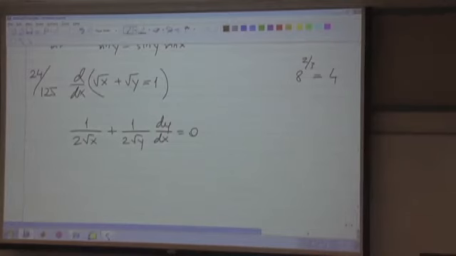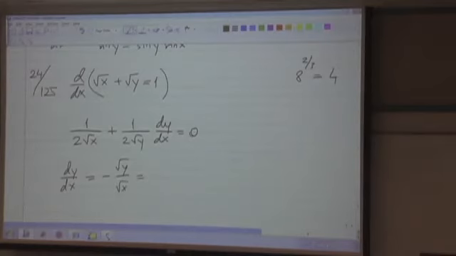Okay, so now from here we have to find the second derivative. And as it turns out, the easiest thing to do is to actually solve for dy over dx and then take the derivative. So dy over dx is going to be just minus square root of x over the square root of y. No, wrong. Y over x. Square root of y over square root of x.